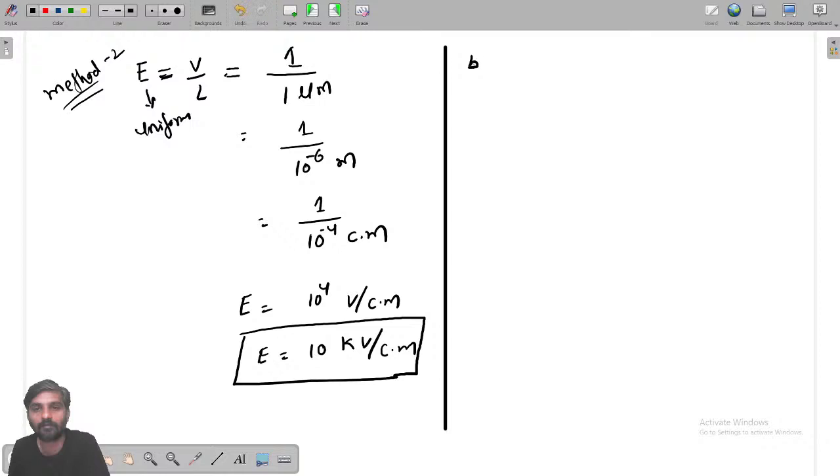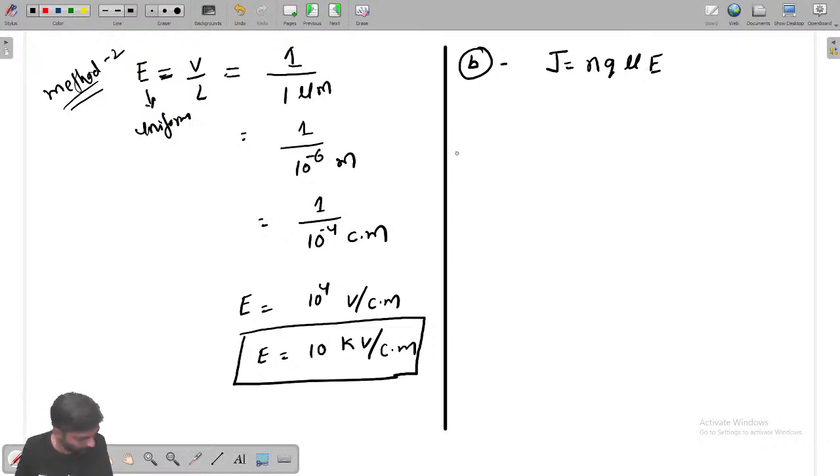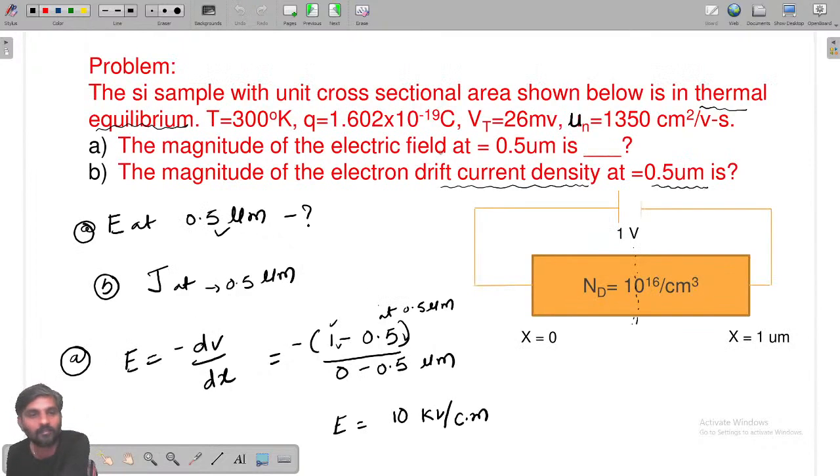So current density J is equal to n q mu E, yes or no? What has he given? He has given the value of mu n.